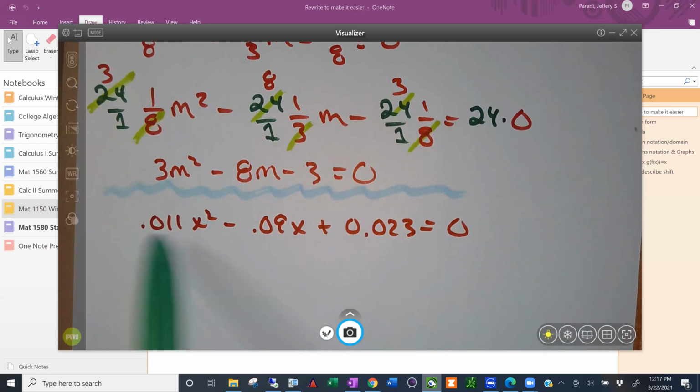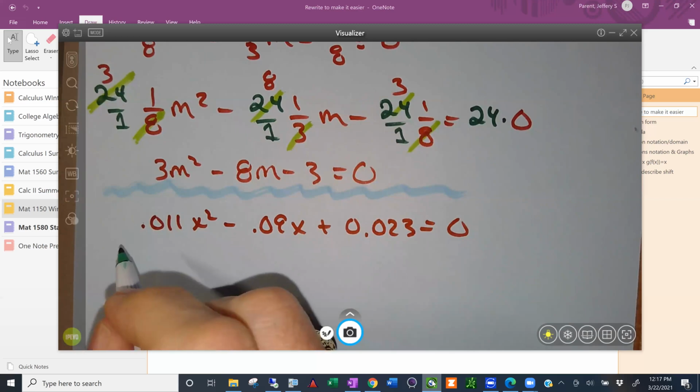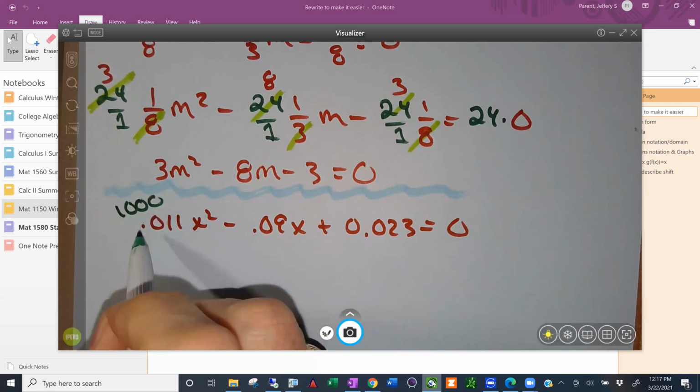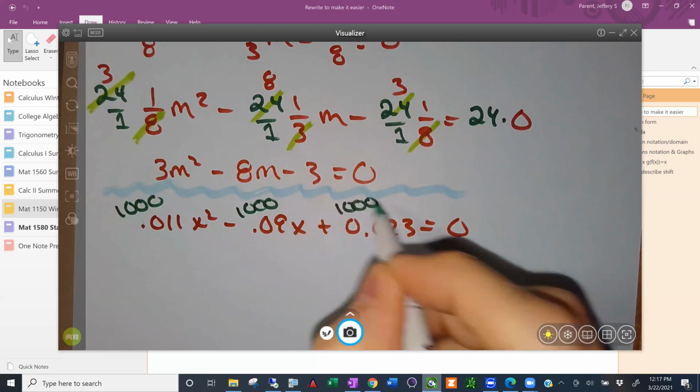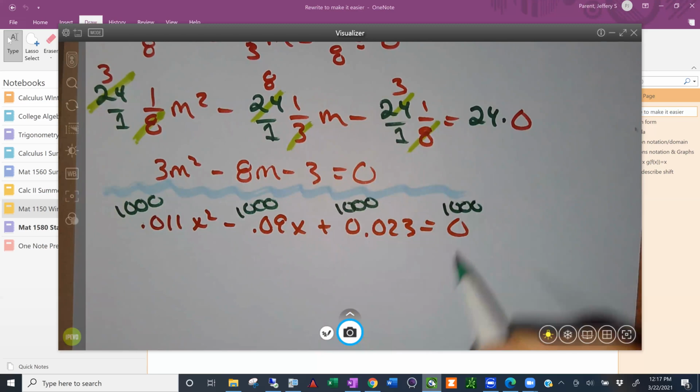In general, I'm going to need to move the decimal 3 places to the right. What number can I multiply by that's going to do that? 1,000. Yeah, a 1 followed by 3 zeros to move it 3 places. Now, again, 1,000 times 0, that's fine. That's just 0.